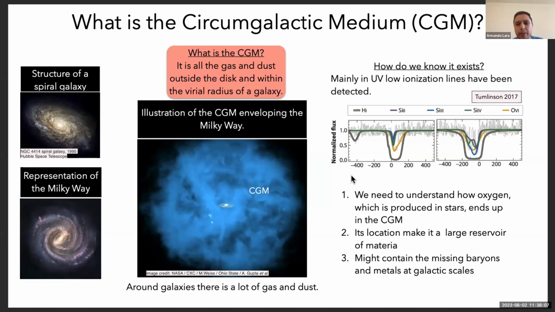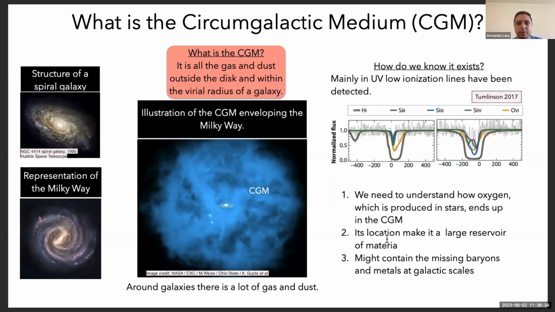We know that the CGM exists because it has been observed mainly in UV. It has been traced by elements such as ionized hydrogen and silicon-3, among others. Besides the detection of low ionization elements, other elements, including oxygen-6, for example, have also been observed. Studying the CGM is important for several reasons. Firstly, we need to understand how oxygen, which is produced in stars, ends up in the CGM.